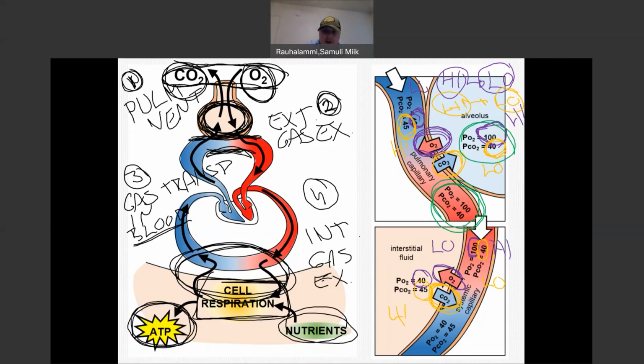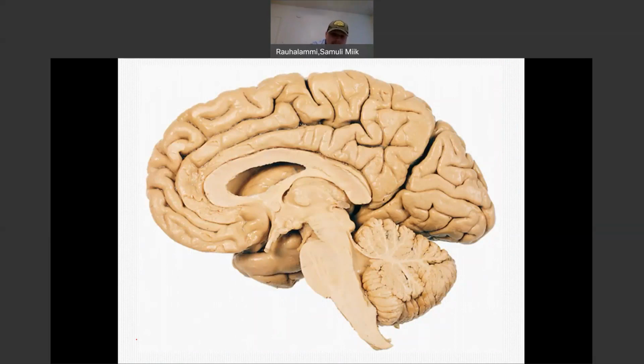And that brings me to highlight the control of respiration at the level of the central nervous system. The medulla oblongata is the main control center, and the pons further modifies the respiratory processes. You remember both of these structures are part of the brainstem.